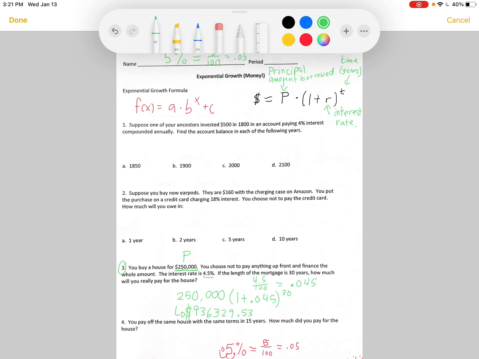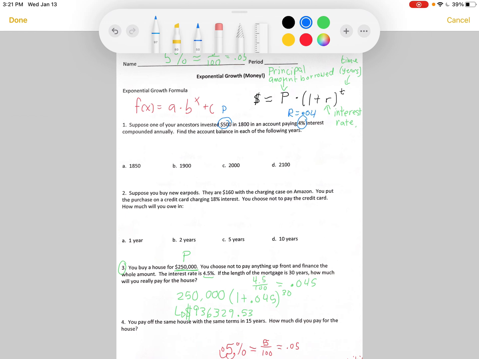Let's go ahead and try number 1 as well. Suppose one of your ancestors invested $500 in 1800 in an account paying 4% interest compounded annually. Okay, so here we have our principal amount is 500, and our interest rate, r, is going to be 0.04.